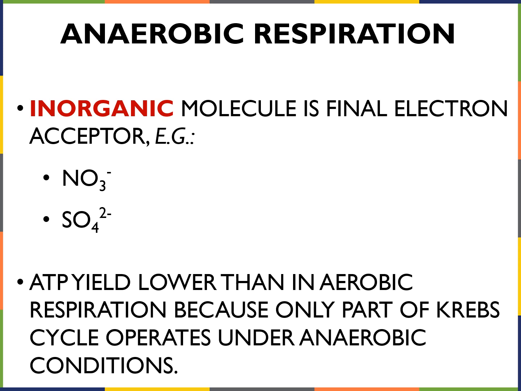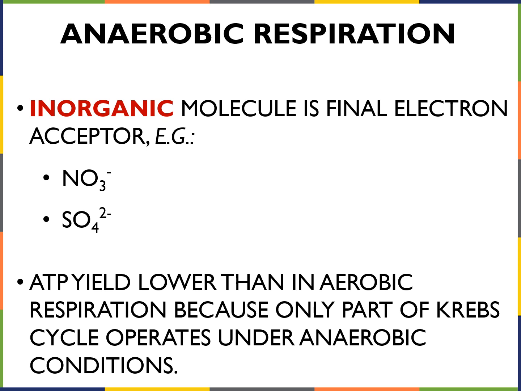Well, we can't use oxygen as a final electron acceptor in anaerobic respiration because oxygen kills the bacteria. So instead of using oxygen, we have to use something else. So the terminal electron acceptor for anaerobic respiration is either some type of nitrate or some type of sulfate.